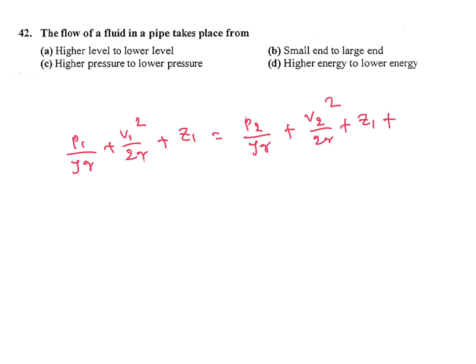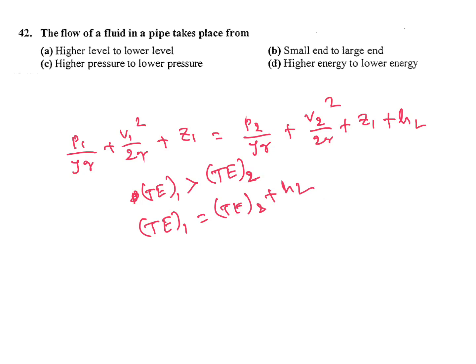Here total energy at point 1 is greater than total energy at point 2, and total energy 1 equal to total energy 2 plus head loss. If total energy at 2 is greater than total energy at 1, then head loss will come on the left side.